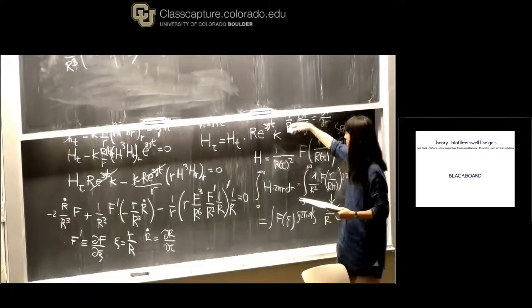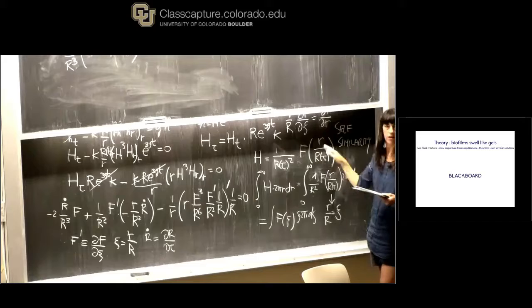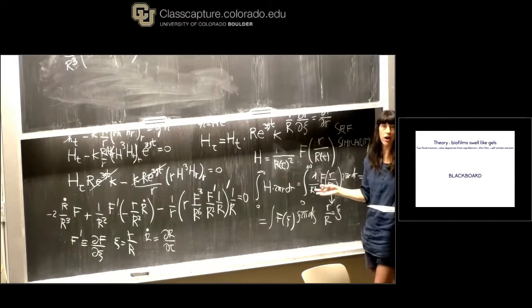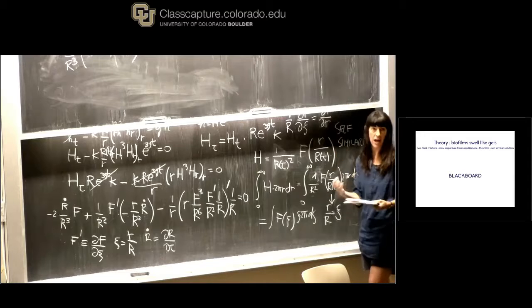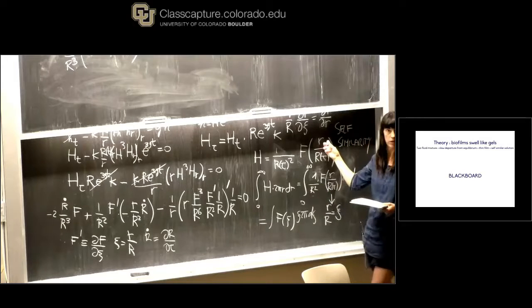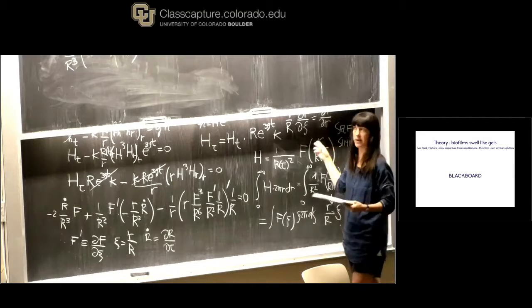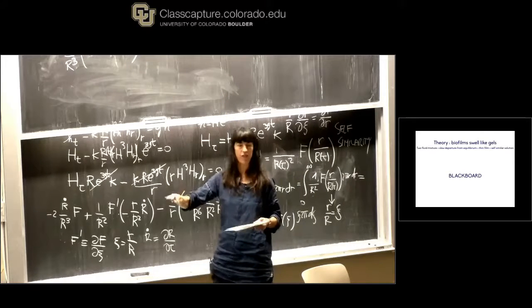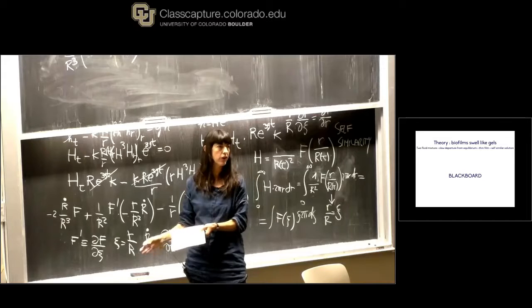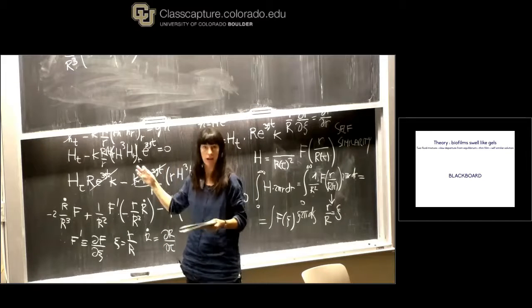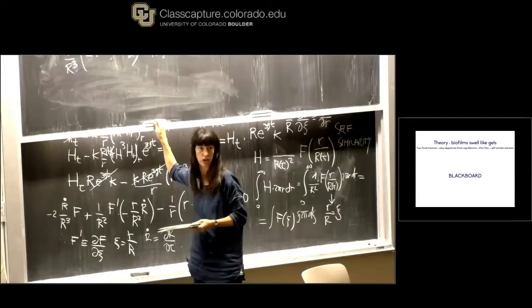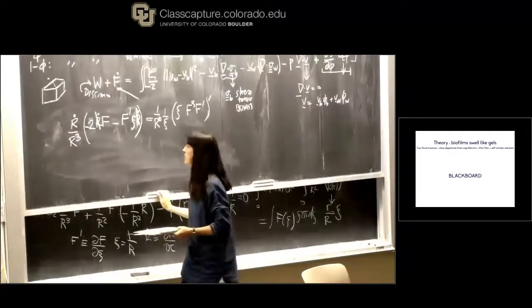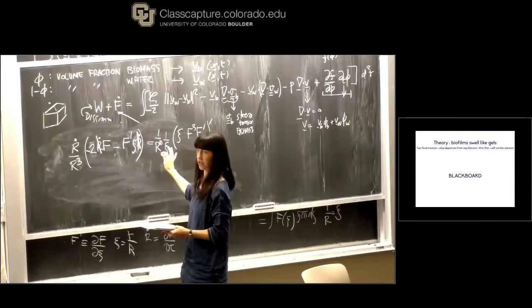I assumed that my function would only depend through this combination of stuff, and now I don't have R anymore. I only have Xi, a small r. I only have Xi and big R, and I can separate that equation. So it worked. Even if I need a computer now to solve it, because it's too complicated, it worked. It turns out I don't need it because this can be solved explicitly, but it worked.